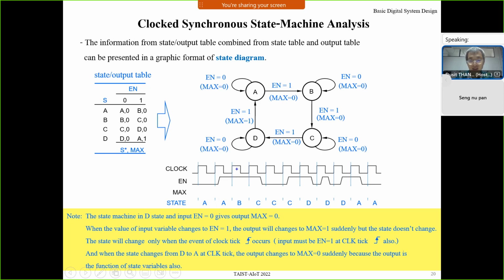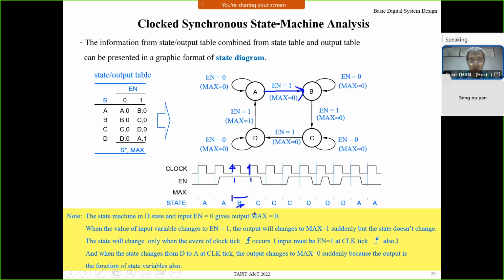Okay, at the next clock tick, input is 1, right? Go to state B, so from this point of time, it changes to state B until the next clock tick.